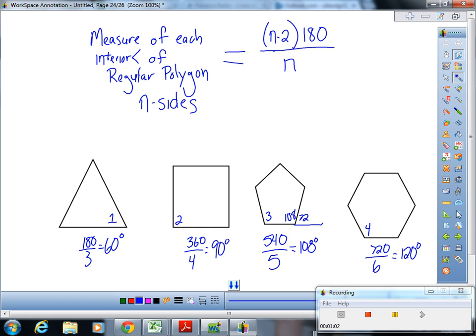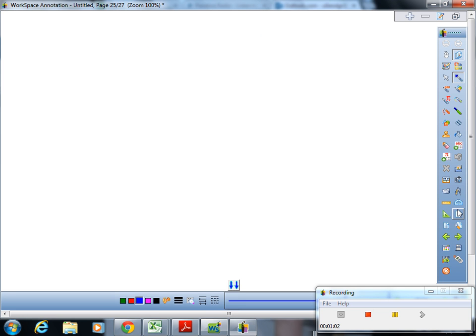Okay, so let's go over one type of example problem that might help you. What if we said, find the number of sides in an equiangular polygon if its interior angle is 156 degrees. So one interior angle equals 156 degrees.